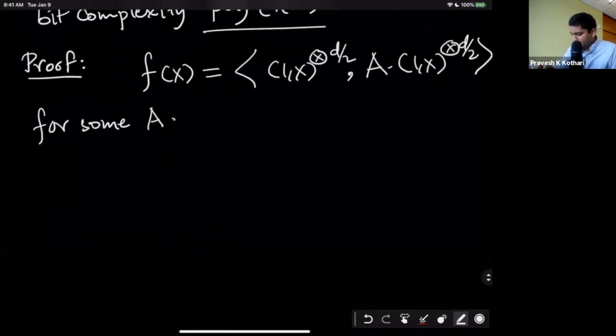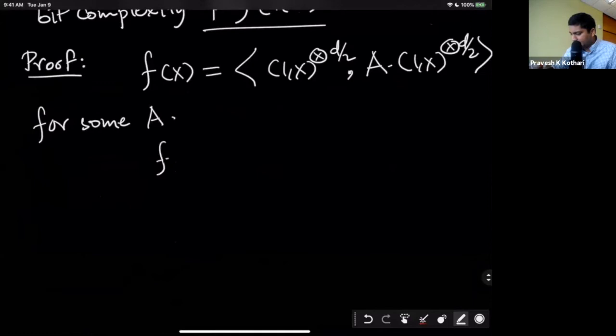So let's try to understand what the coefficient of some multilinear monomial U might look like on the right-hand side. F has a coefficient representation.